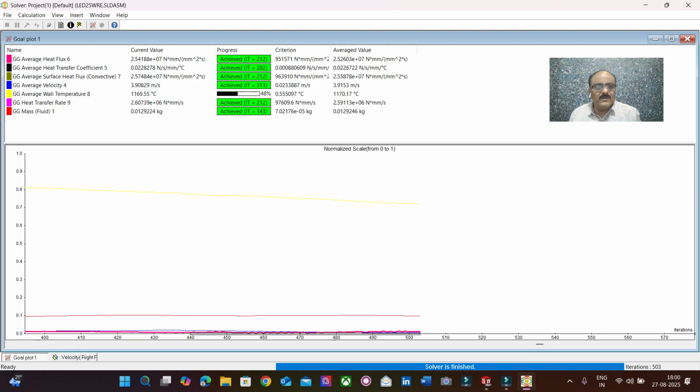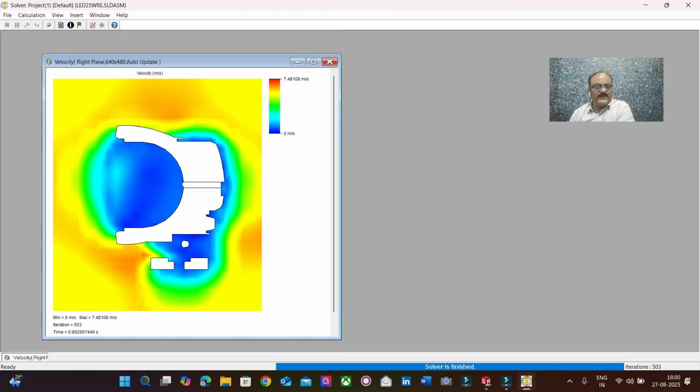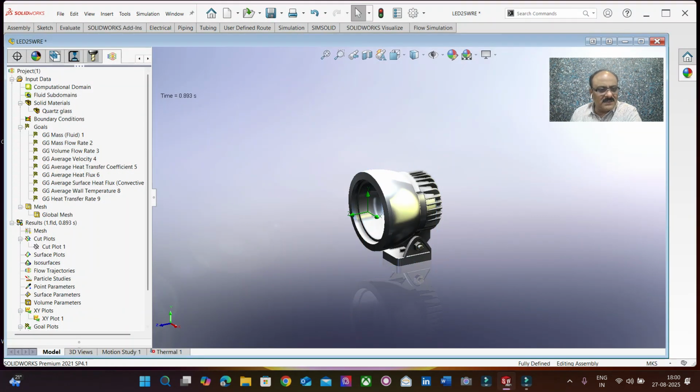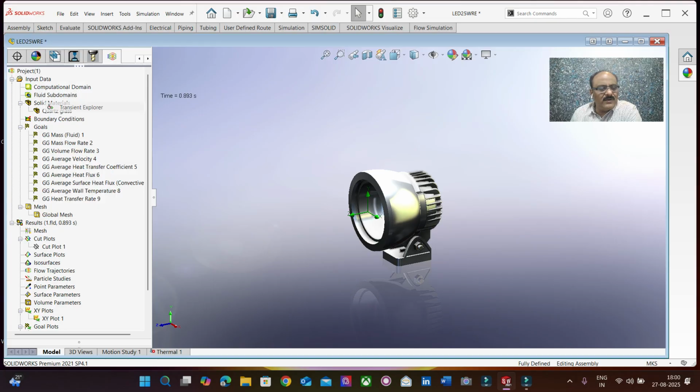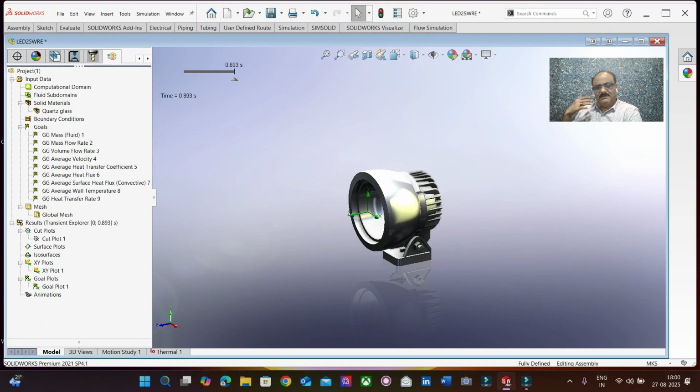Okay, so now let's see how the system, the temperature, looks. This is the velocity plot, and now let's get into the system. We have defined the time, and we have defined 10 seconds as the maximum.